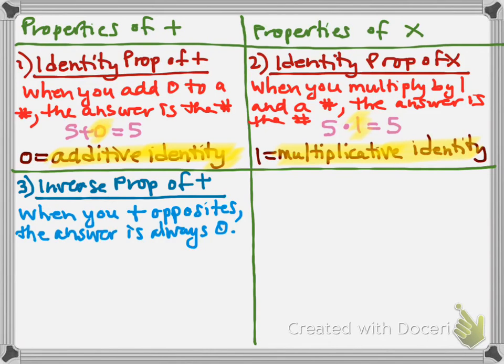So for example, if I add 5 and negative 5, those are opposites. That gives me 0. So I'm going to highlight the word opposites because that's the key when it comes to addition. Adding opposites, always 0. Okay? Let's talk about inverse property of multiplication.